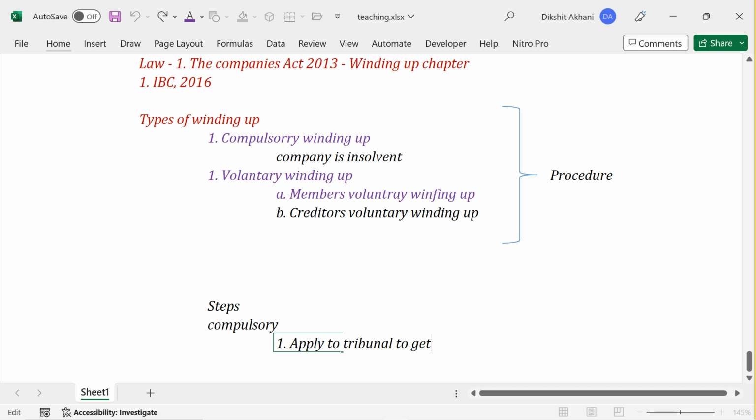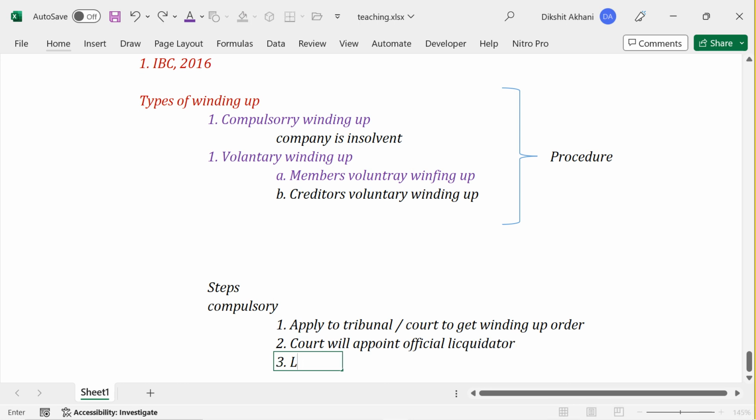Apply to tribunal or court to get the winding up order. After then, guys, the court will appoint an official liquidator. Okay, then liquidation will happen.